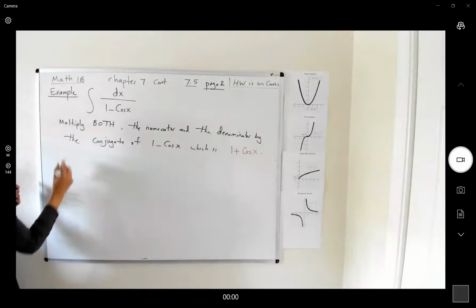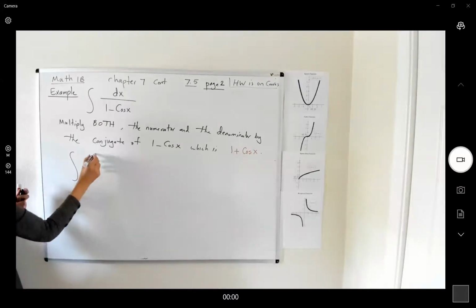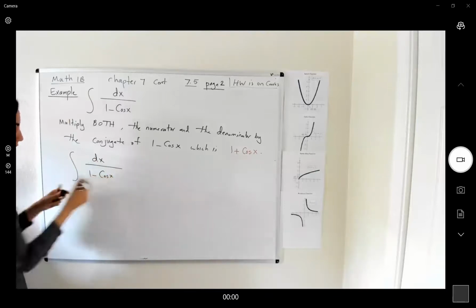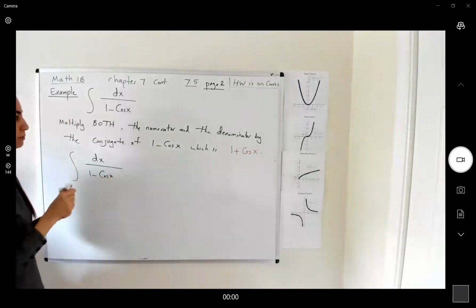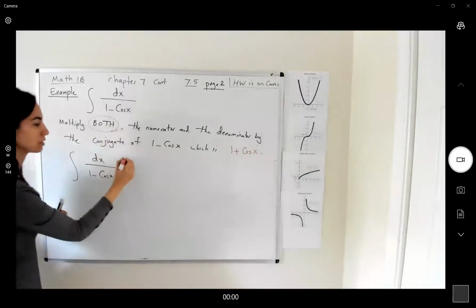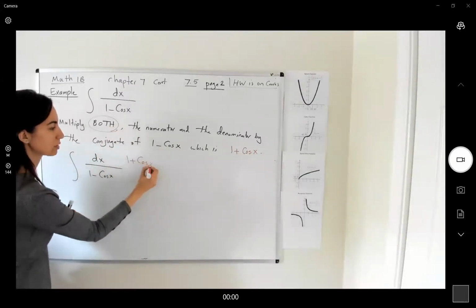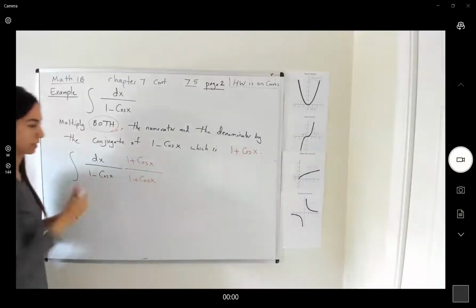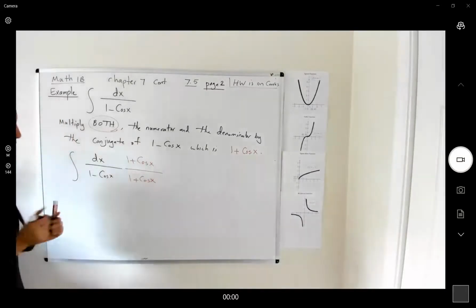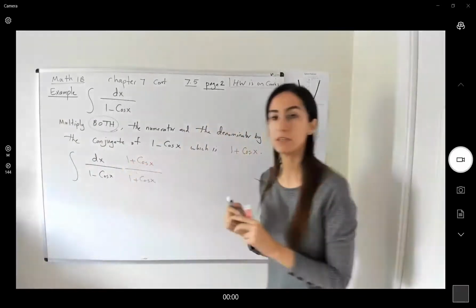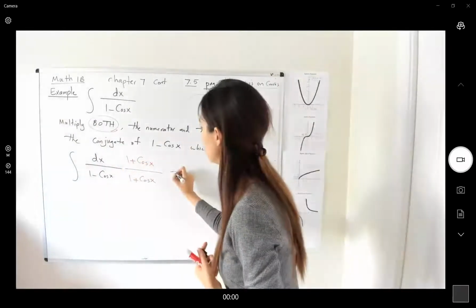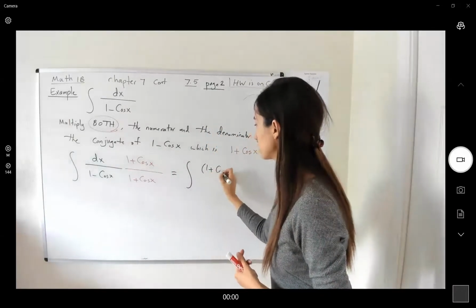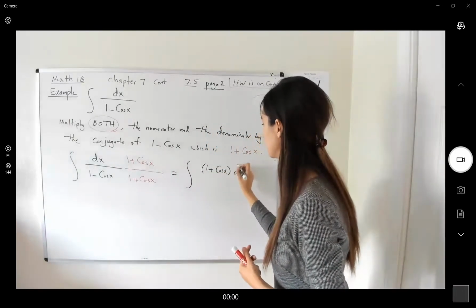Okay, this integral is now dx divided by 1 minus cosine x. I'm multiplying both the numerator and the denominator by 1 plus cosine x divided by 1 plus cosine x. Now I have a new numerator. My numerator is equal to the integral of 1 plus cosine x dx.